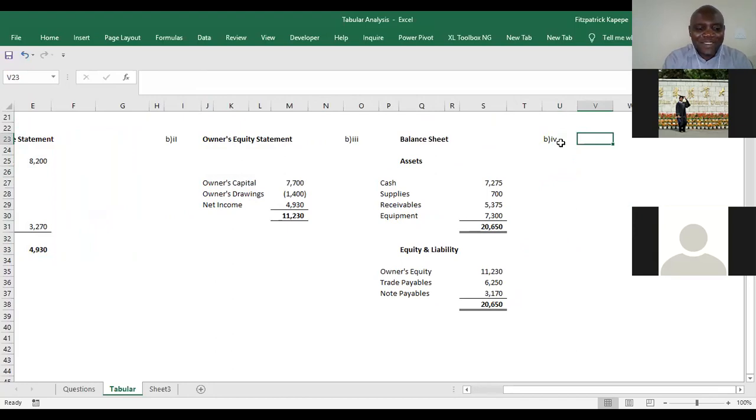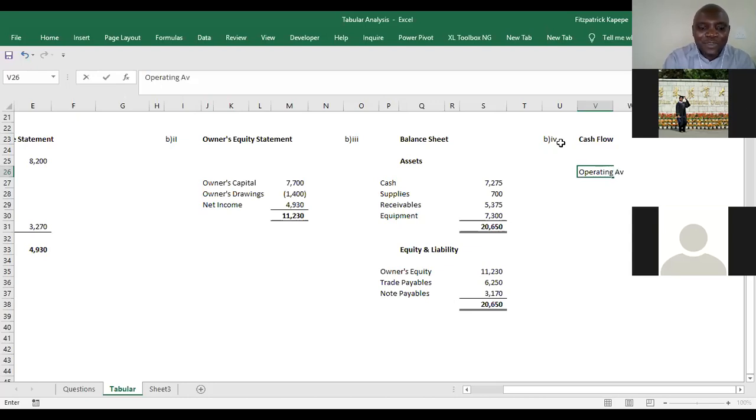So here we have the cash flow statement. We'll look at just the operating activities. There are operating, investing and financing activities. Just a simple one.